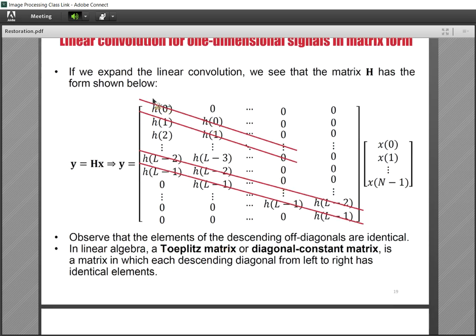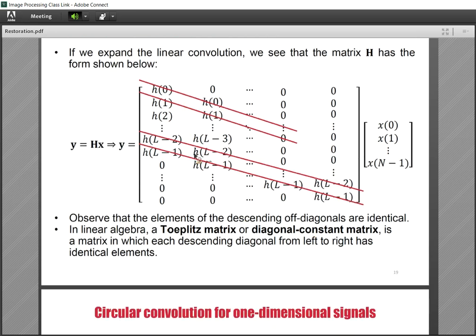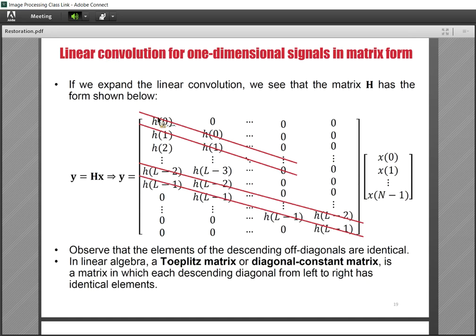That's right. And you see in this diagonal, h0, h0, h0, h0, all of this. h1, h1, h1, h1, and all, for example, h(L-1), h(L-1), that's right. Okay, this is the form of H in linear convolution.